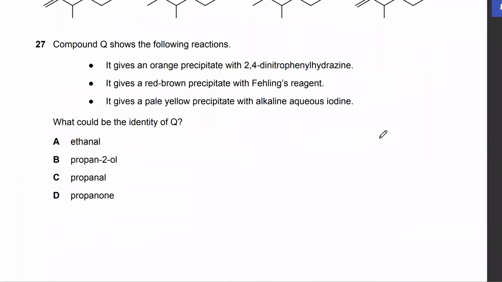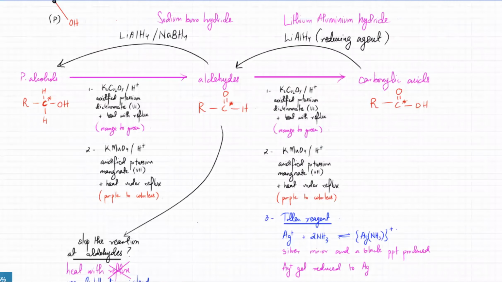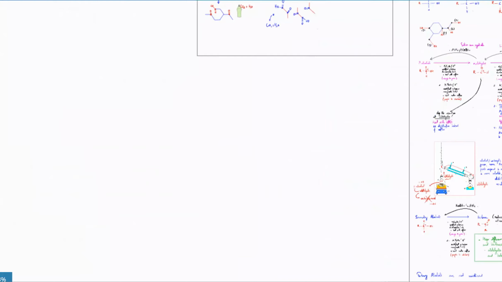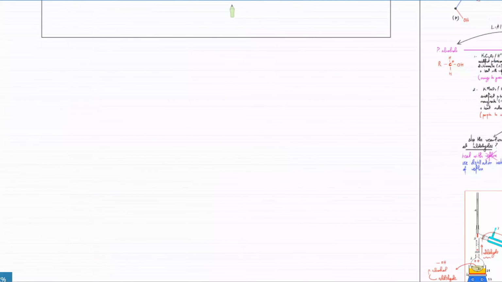Anyways, next one. The next one is a compound Q that shows the following reactions. It gives an orange precipitate with 2,4-dinitrophenylhydrazine. So let's quickly do 2,4-dinitrophenylhydrazine since it's not in the notes. Let's make an aldehyde section for it and add carbonyl compounds there.